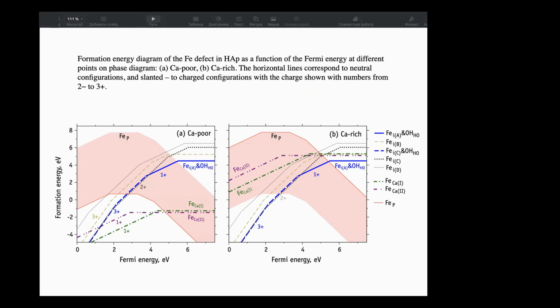For calcium poor conditions, it's A. The charged substitution of calcium 1 will be preferable to the charged substitution of calcium 2, while in the neutral cases, it will be otherwise.